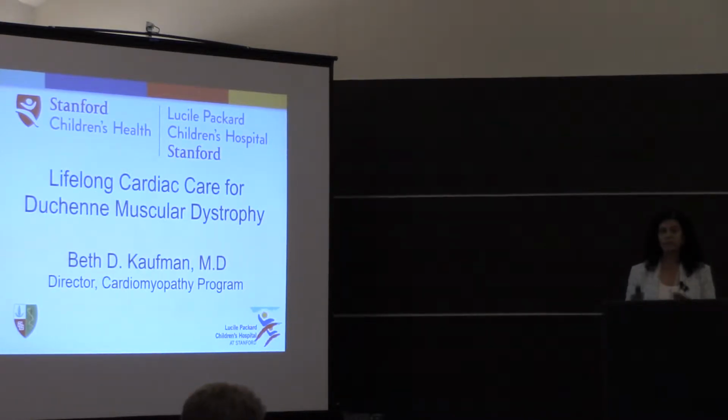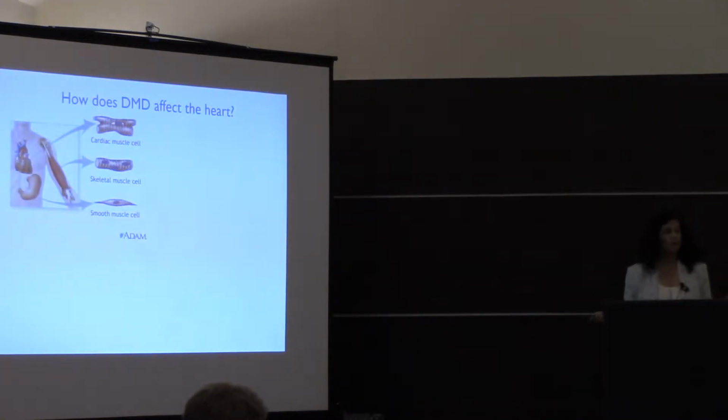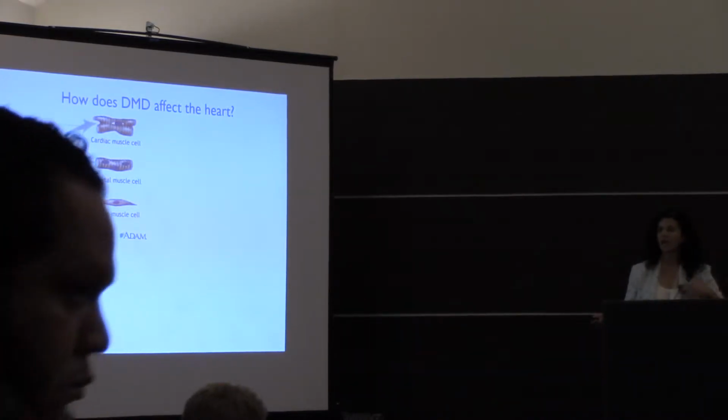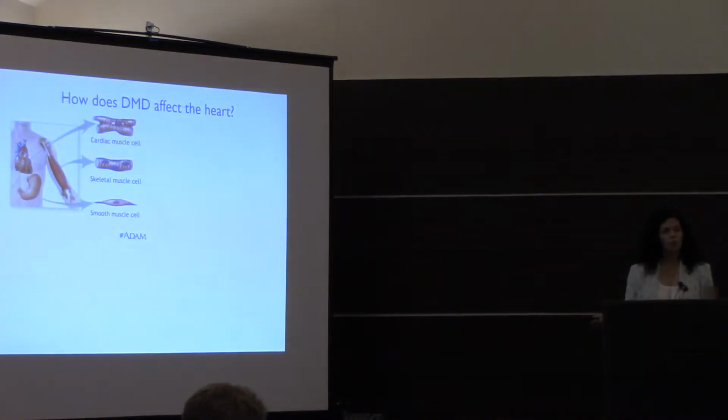While we're waiting for the cures to come up, there are so many things that we can do to modify the cardiac impact of having a dystrophin mutation and to improve cardiac outcomes. So that's what I will focus my talk on: to understand how having a dystrophin abnormality affects the heart, what that looks like through different stages of the life cycle, and what kind of interventions we can perform at all different stages of cardiac involvement.